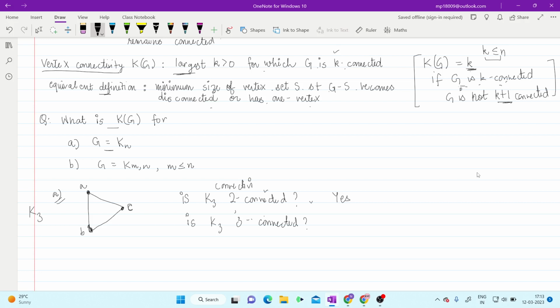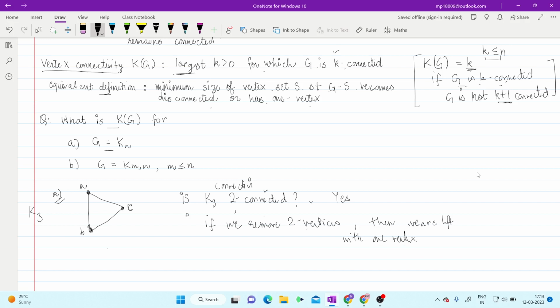So the connectivity definition is that we are looking for the minimum set of vertices such that the graph becomes disconnected or has just one vertex. If we remove two vertices, we are left with just one vertex. Therefore connectivity is 2.